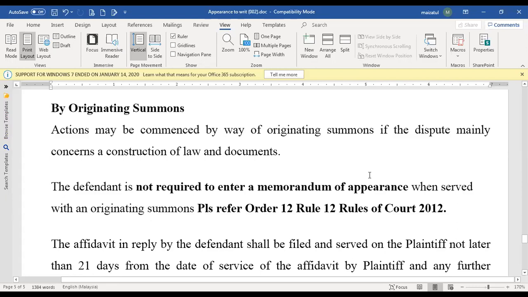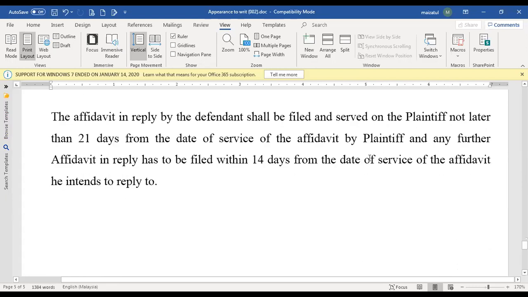This is also stated very clearly in Order 12 of the Rules of Court. After you serve the writ on the defendant, the document filed by the defendant will be the memorandum of appearance.